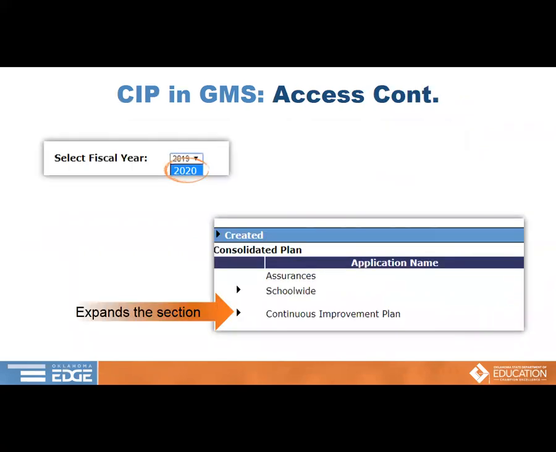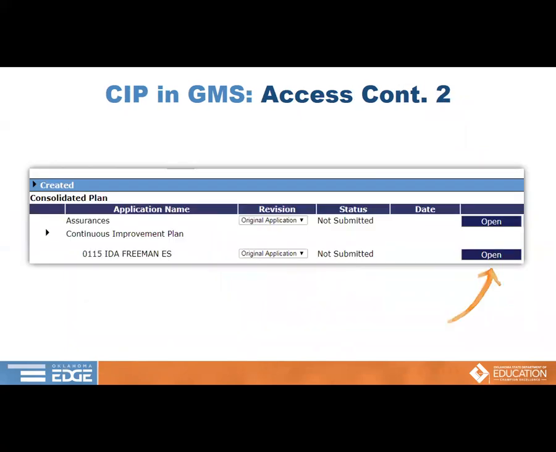Make sure that you're in fiscal year 2020. Then you're going to see a small black triangle next to the Continuous Improvement Plan. It's called a caret. If you click on that caret, it will expand the section and reveal your individual site plan. You'll click the blue Open button to open that plan.